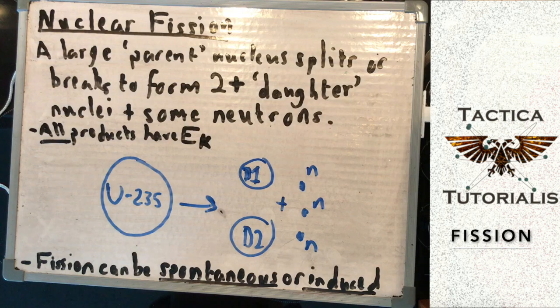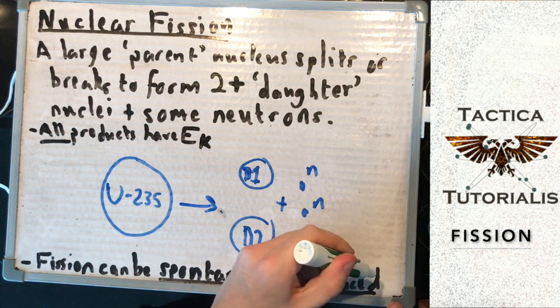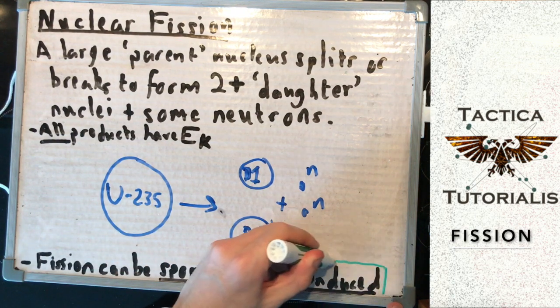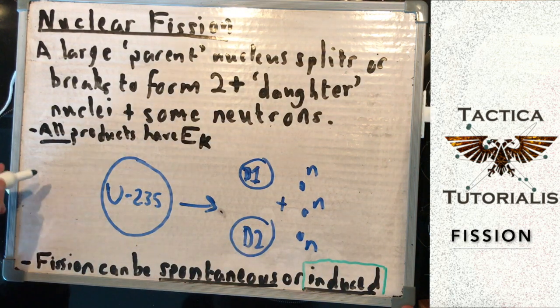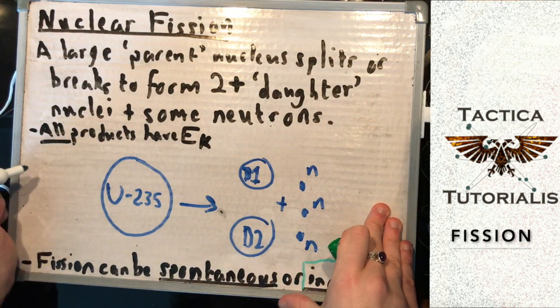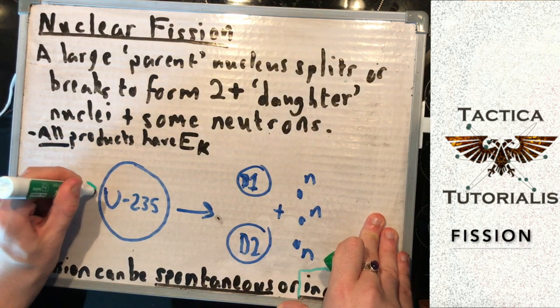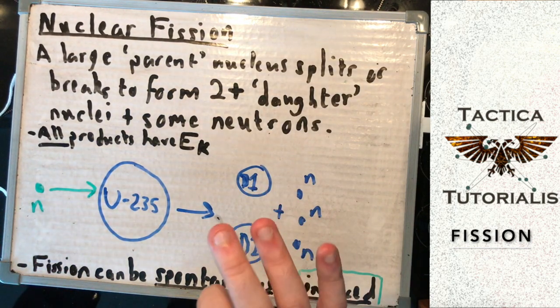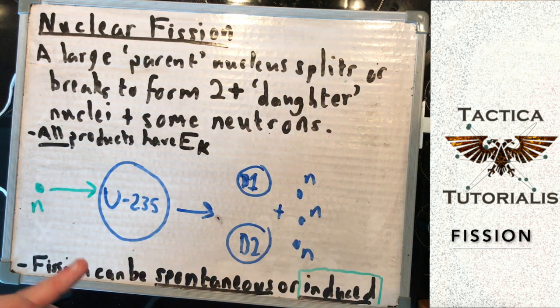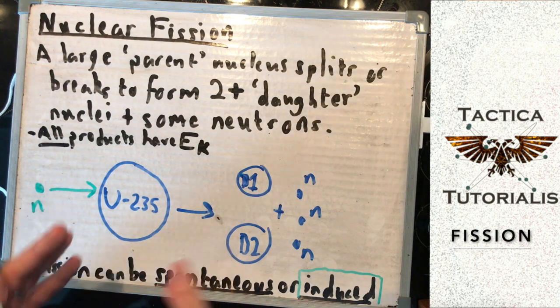However, most commonly, we focus on what is called induced fission, which I'm going to put in this little green box to note the difference. In induced fission, a neutron comes in and what we call bombards the original parent nucleus, and then it goes.